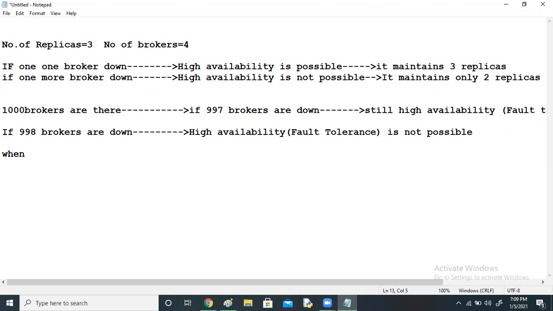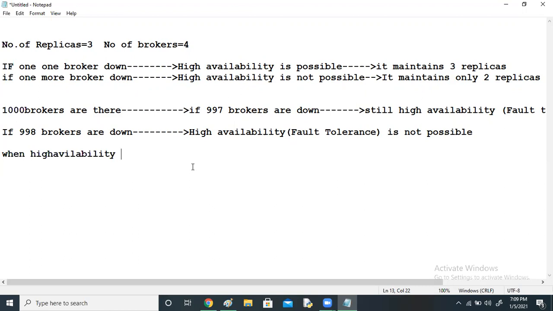Sir, I have a question. In case of a large number of brokers, with replica equal to 3, there is a possibility that a certain number of brokers don't have any replica for any of the topics. Because when you have 3 replicas and let's assume we have 10 brokers, the 3 replicas will be spread only on 3 brokers, correct?